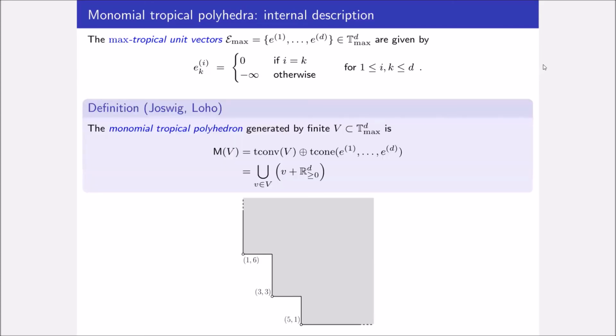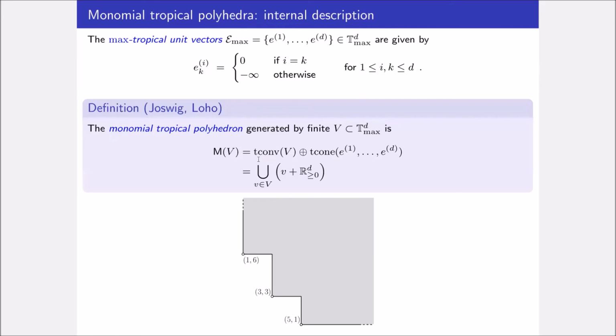And then Michael Joswig and Georg Loho defined a monomial tropical polyhedron to be the following polyhedron. It's defined via its vertices V, and its rays are all of the max tropical unit vectors.